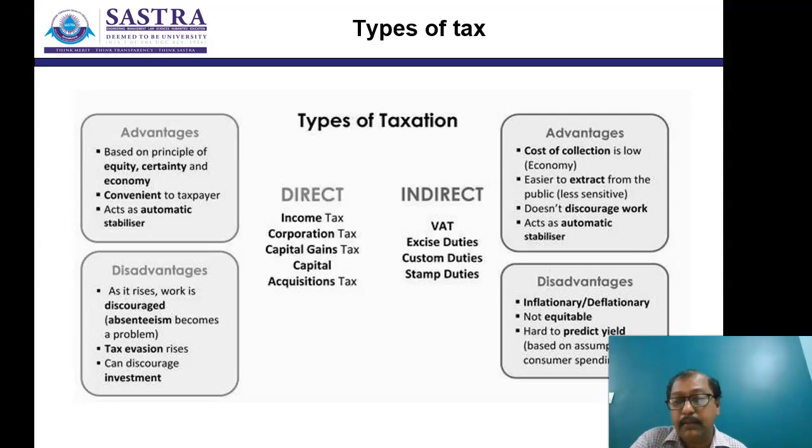Indirect tax is something like when people have to pay taxes on their consumption. We pay taxes, knowingly or unknowingly, on all our consumption, and that's going to be a kind of indirect tax. And in India, after 2017, it is GST.